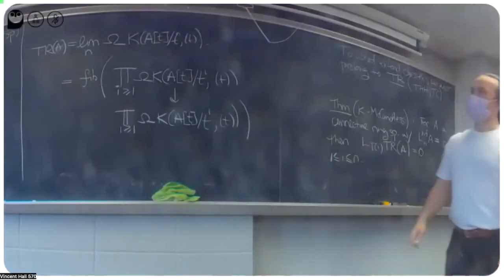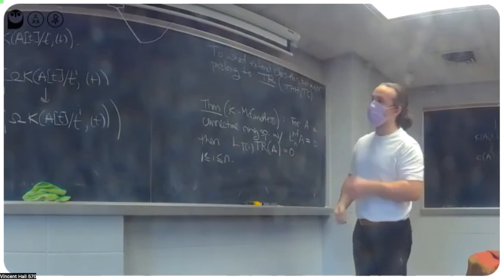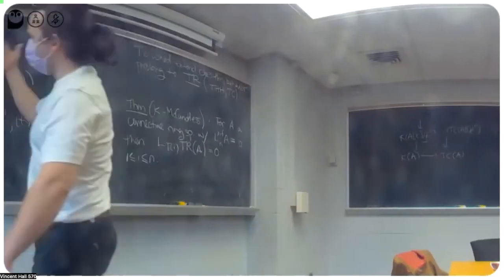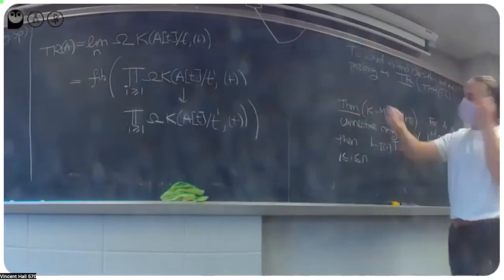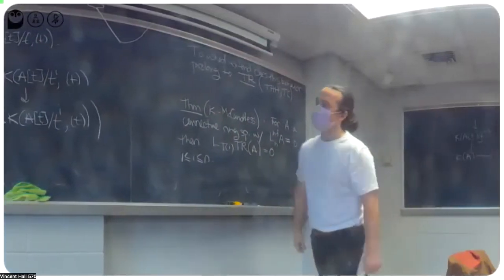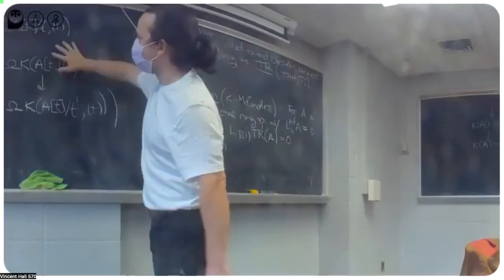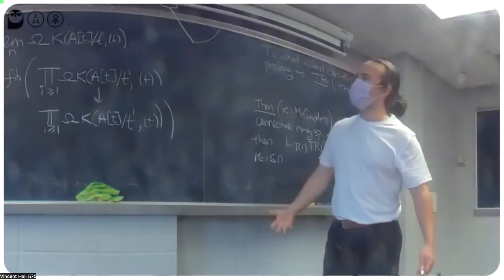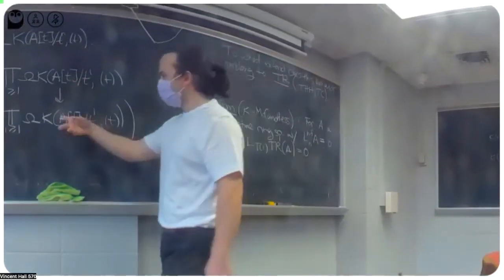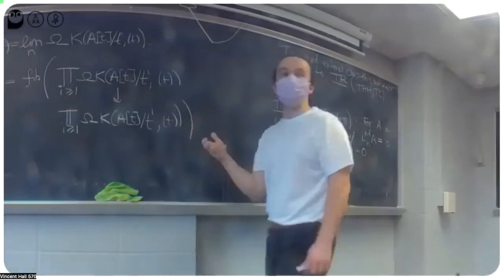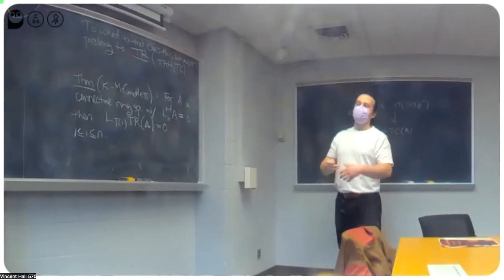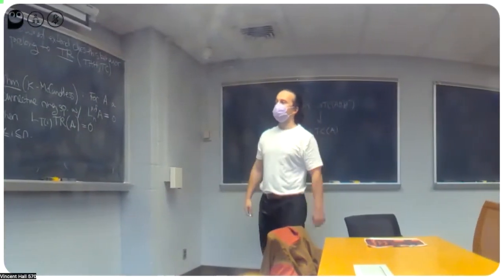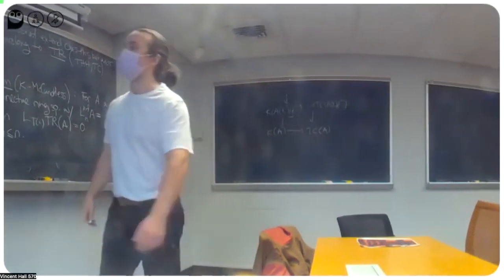Okay, so the point is that this object we're interested in sits in a cofiber sequence or fiber sequence with these two infinite products of spectra here. It suffices to show that one of these terms is zero because they're the same term when we chromatically localize these terms.